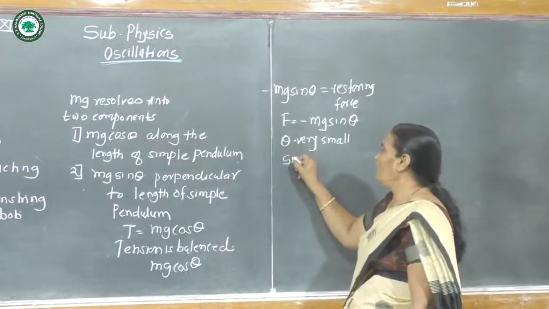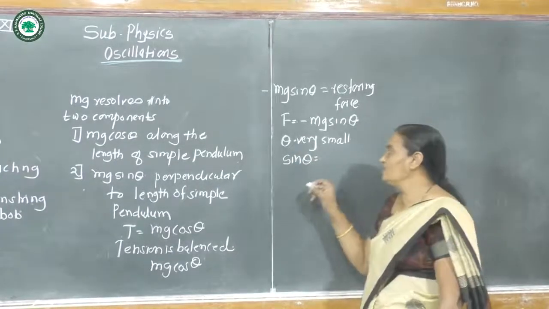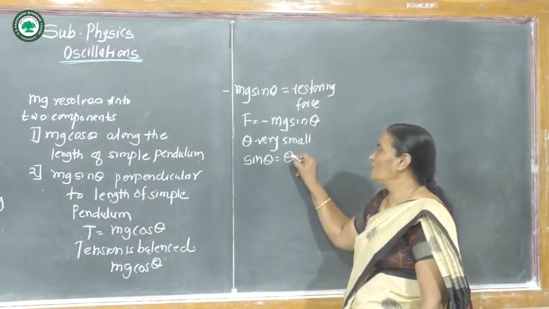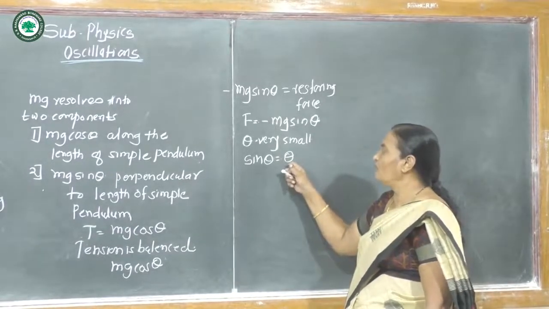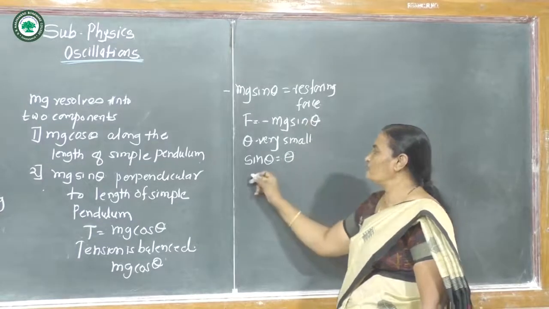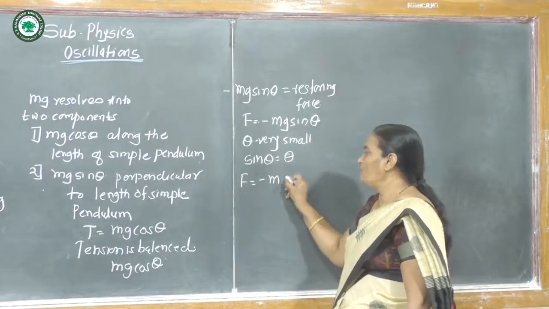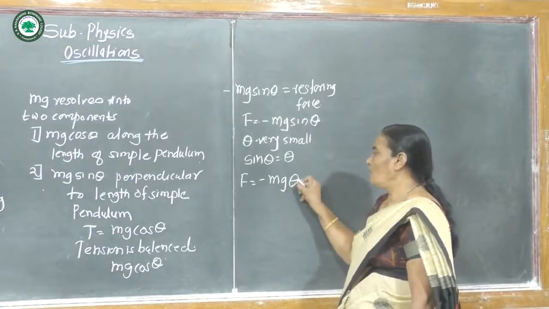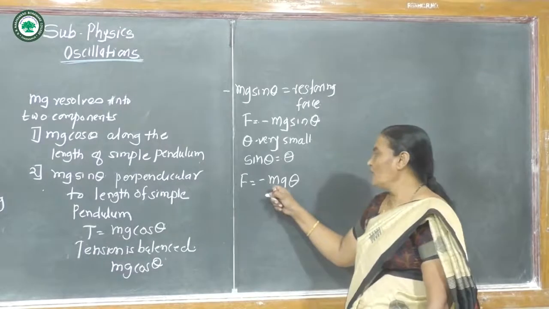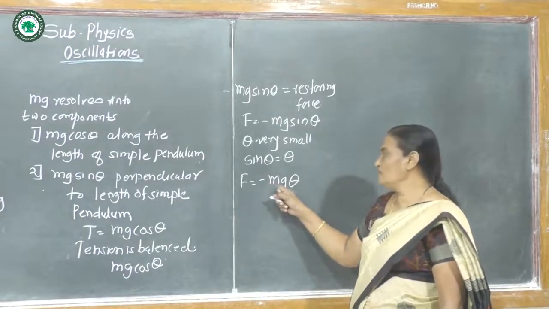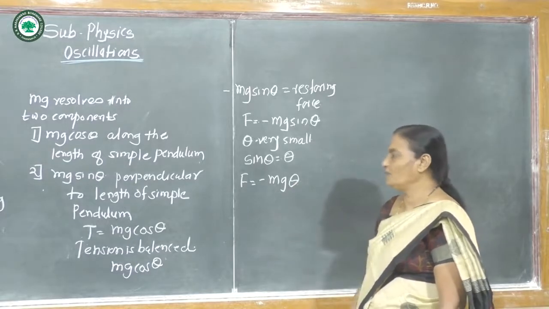Then sin theta is approximately equal to theta. Substituting sin theta in this equation, we get F is equal to minus mg theta. Here F represents restoring force, m represents mass, g is acceleration due to gravity, and theta is angular displacement.